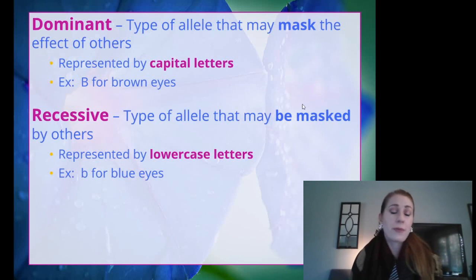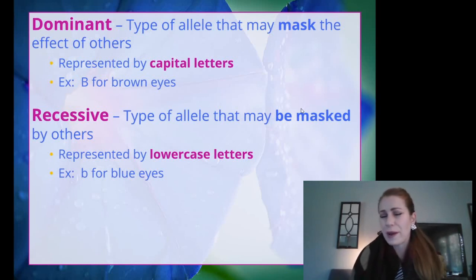And little b could represent blue eyes. Blue eyes is a recessive trait. If somebody has a parent with brown eyes and a parent with blue eyes, they're typically not going to have blue eyes. It'd be difficult for them to have that. Typically, that brown eye allele is going to get inherited from whichever parent, and it will show through. But we will show you when this might not be the case as well.